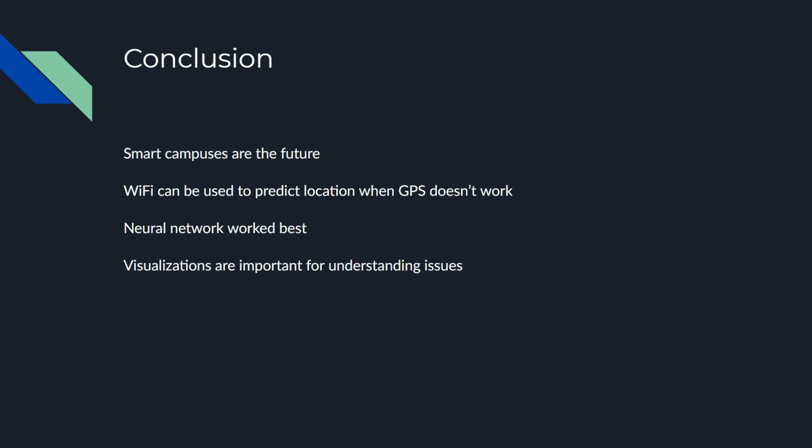So we might have a certain hallway that has too many wireless access points and the signal is misunderstood, or maybe there's too few, or it's not spreading very far, or the architecture is confusing the processes. So for all of these, using a visualization can help us understand the different issues and then cope with those issues. We can either collect more data or even modify that part of campus by moving a wireless access point.